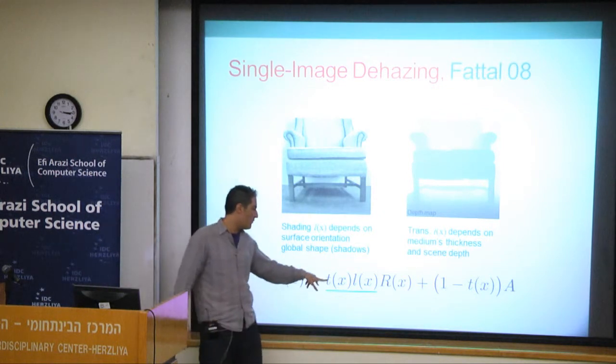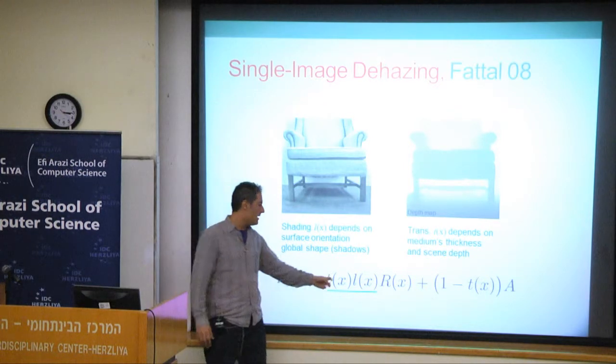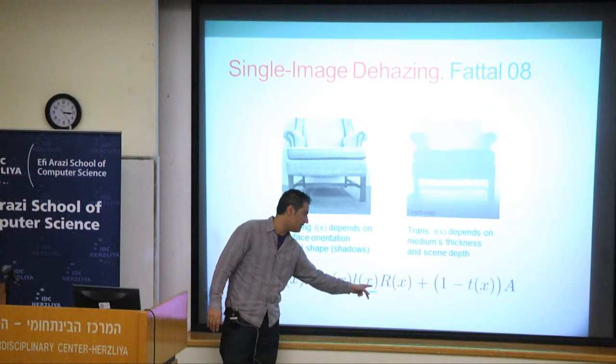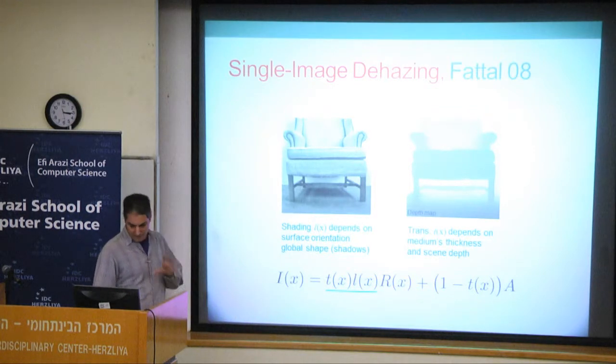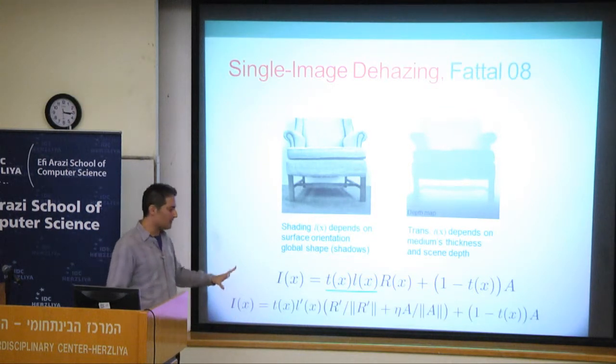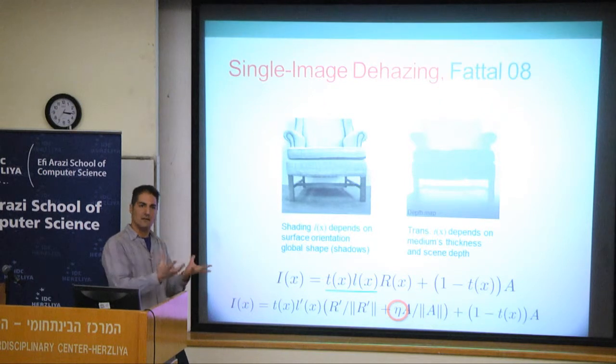So the idea was to further separate the output image into shading and albedo components. And then by some algebraic manipulation, it can be shown that the ambiguity in the problem can be reduced to a single number that a neighborhood of pixels share.